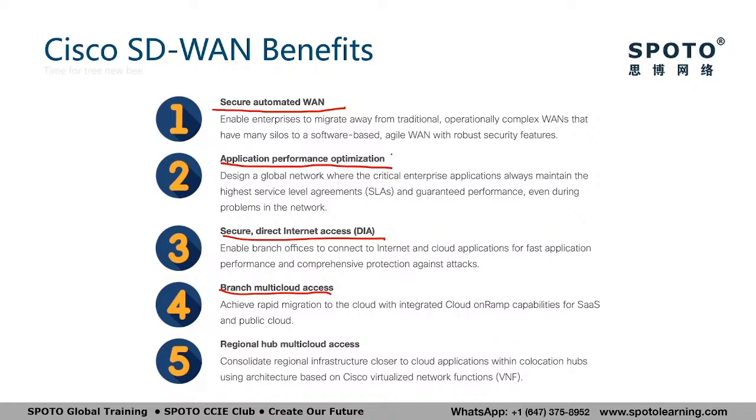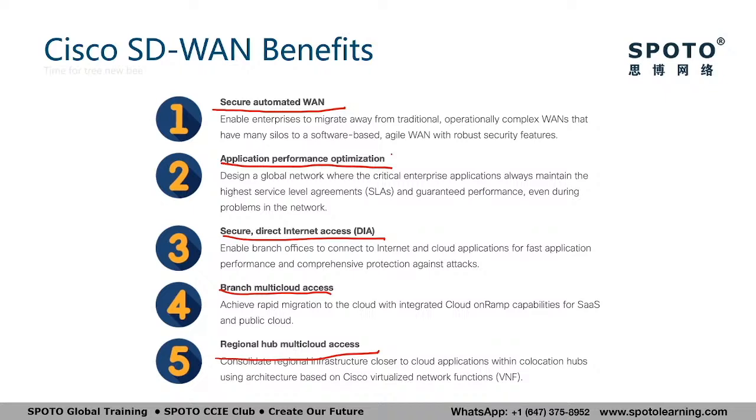Once again, with the internet local breakout design, the branch office could access the closest cloud infrastructure in its region. If the branch is in the UK, for example, then just access the cloud entrance in the UK instead of the United States.